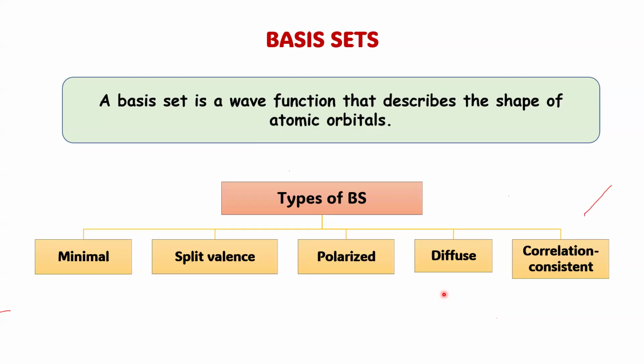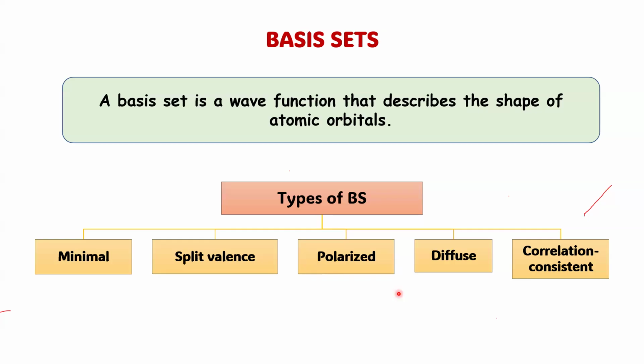In that case, diffuse basis sets are very, very important. While performing the calculation, I will explain what exactly polarization is, what diffusion is, and how to choose them. How to decide whether we need to use a polarized basis set or a diffuse basis set. I will explain this later while doing the hands-on calculation training.